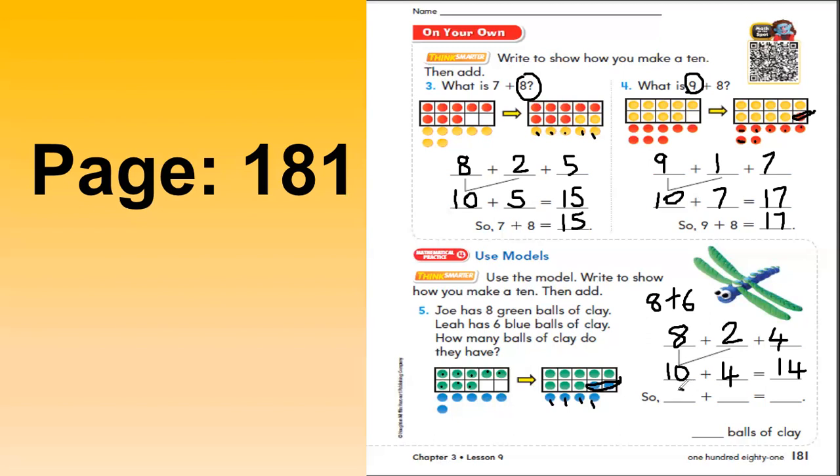Yes, so that will give you 8 plus 6. As you can see, we have got it already. Here the number is 8 and 6. So that is what we found by doing the 10 frame. So 8 plus 6 also gives you 14. So how many balls of clay? Yes, they have 14 balls of clay, both Joe and Lee.